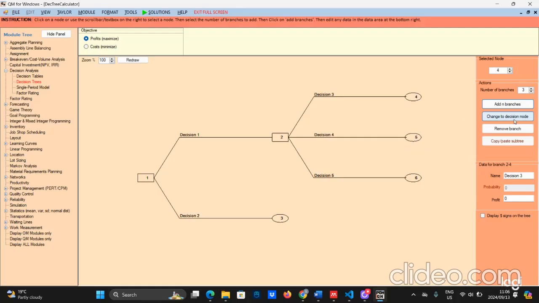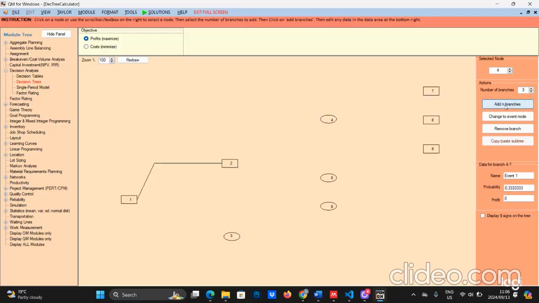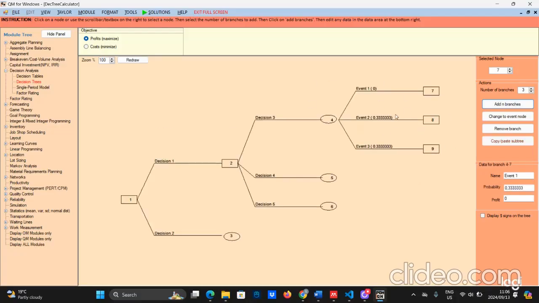Since this is a state of nature, I can modify or write whatever my probabilities are on this side, or even the cost or profit.